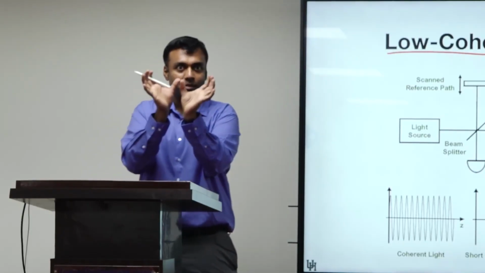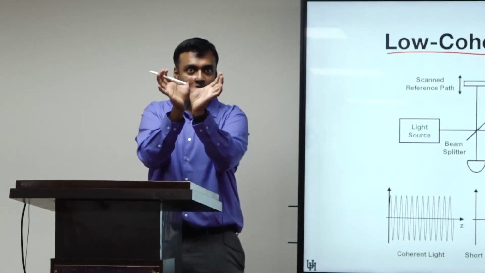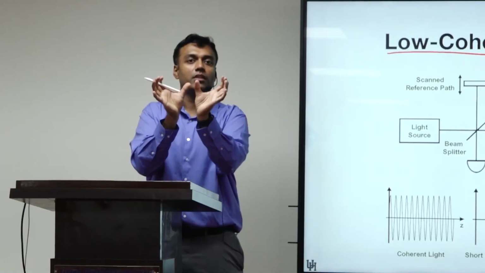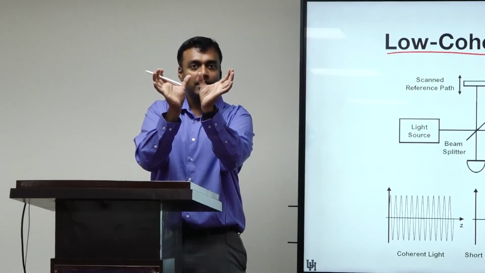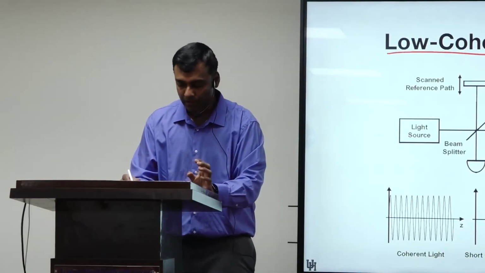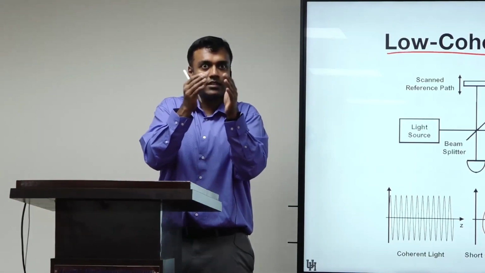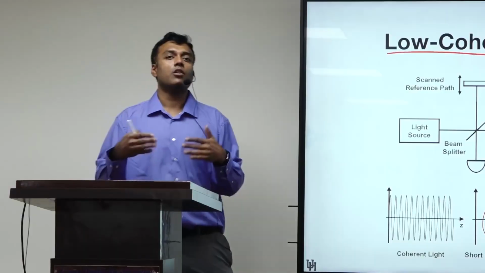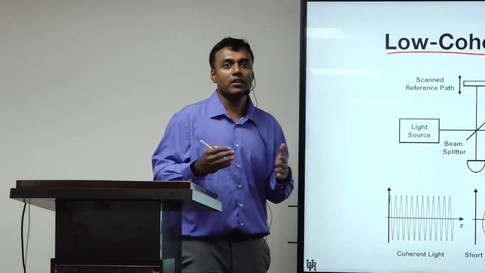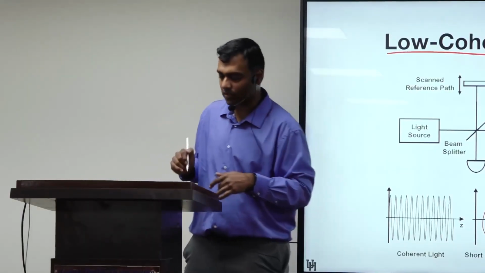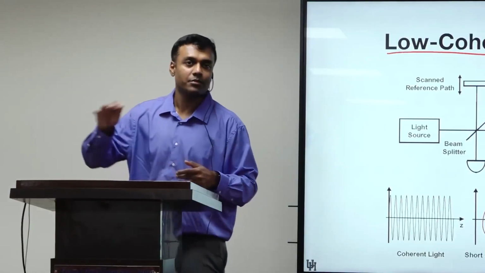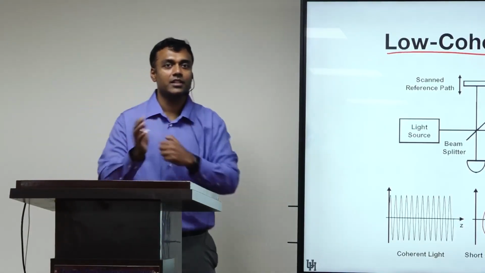Because you imagine if there's one layer and another layer, right? If you have a short coherence length, then this particular shape here will be narrow. That is inversely related to how many wavelengths there are, and it's called the Wiener-Khinchin-Einstein theorem. That's the mathematical relationship.